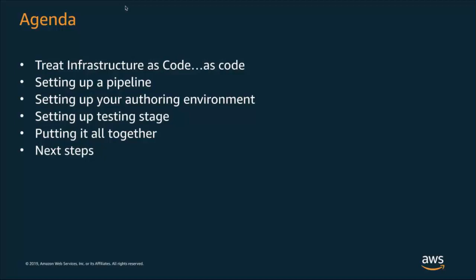Then we'll put it all together, going through and analyzing a CloudFormation template that has errors, and then going through the process of setting up the pipeline, inspecting the template, resolving issues, and then bringing it to a point that the template does what it's supposed to do. And then we'll suggest some next steps.